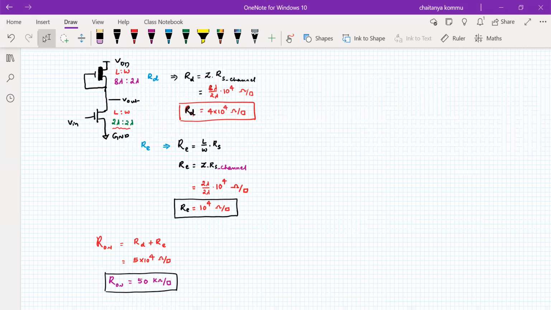Shall we write the on resistance of an NMOS NOR gate? The NAND gate we can also simply find out.